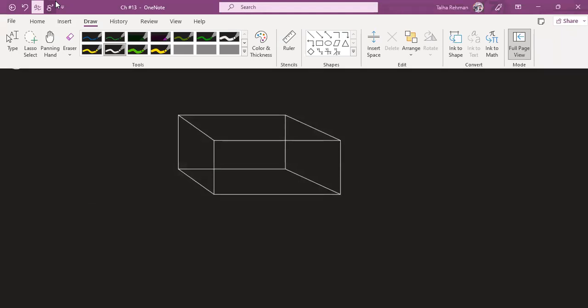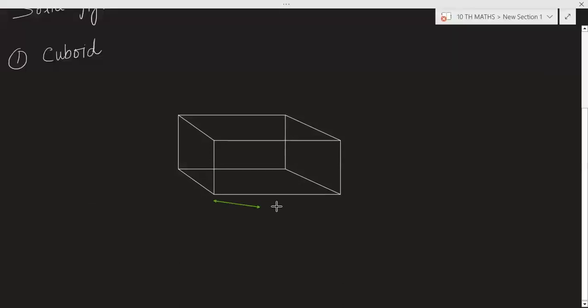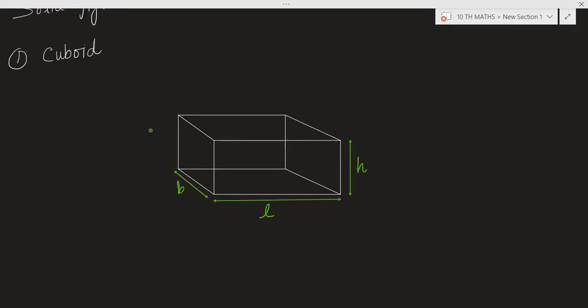Suppose the length of the cuboid is L. Suppose the height of the cuboid is H, small h. And suppose the width of the cuboid is B.